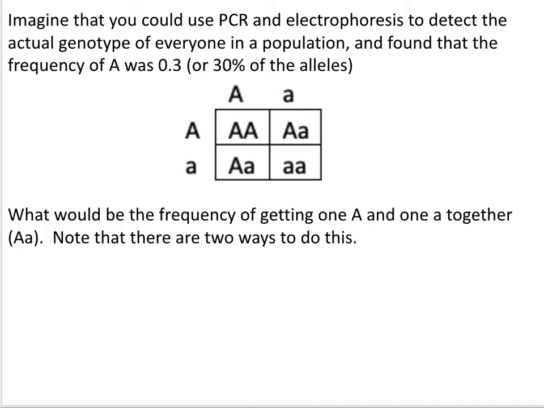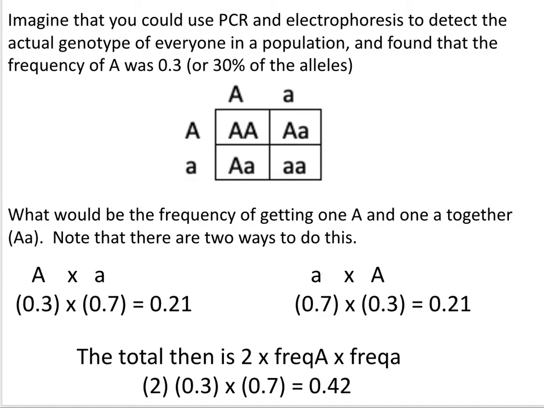All right, then imagine you had a heterozygote, and realize there are two ways of making a heterozygote. You can get a big A from mom and a little a from dad, or you can get a little a from mom and a big A from dad. So there are two ways to do that. All right, so you should figure out that either way you do it, it's 0.21, or 21%.